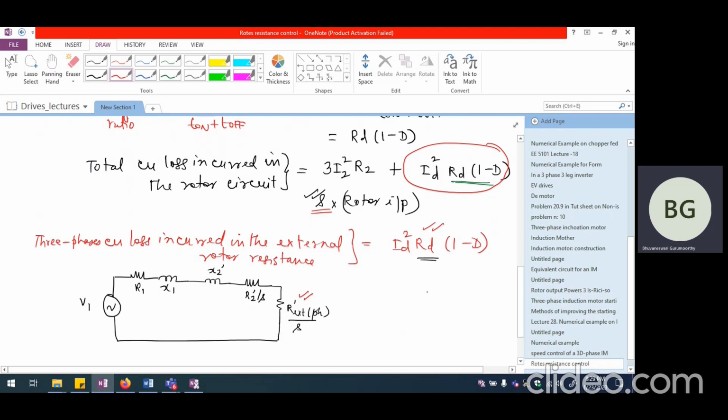So if ID square RD multiplied by 1 minus D corresponds to the three-phase copper loss, I should be able to write this as 3 multiplied by I2 square multiplied by R2. Rather than writing this as R2, I should write R external, right? So this is what will give me the value of R external.